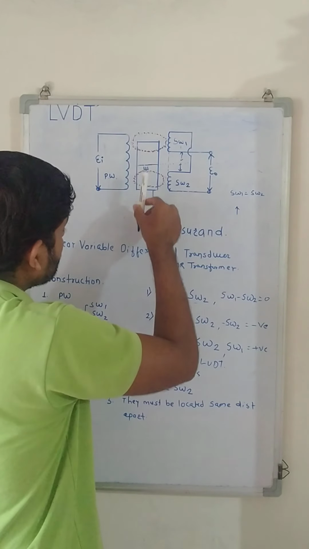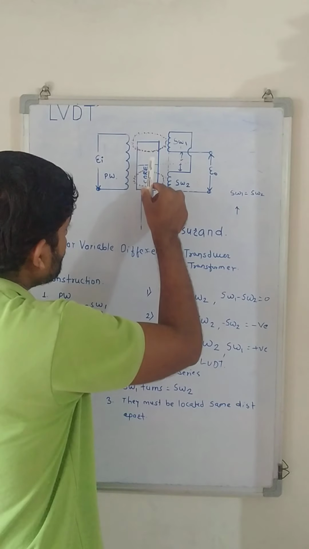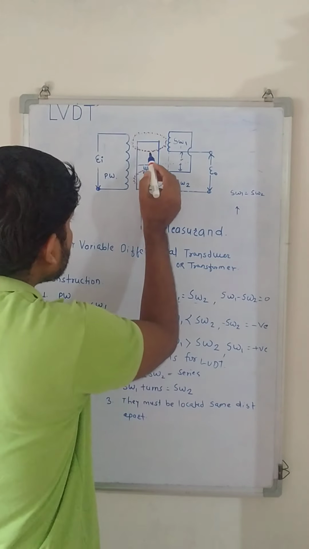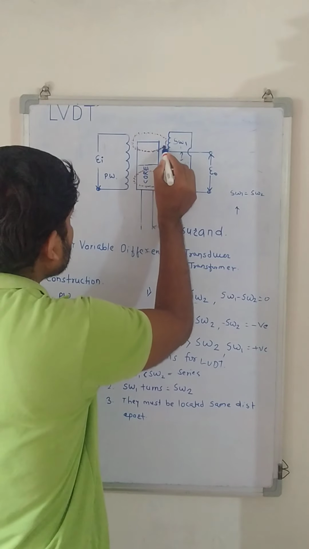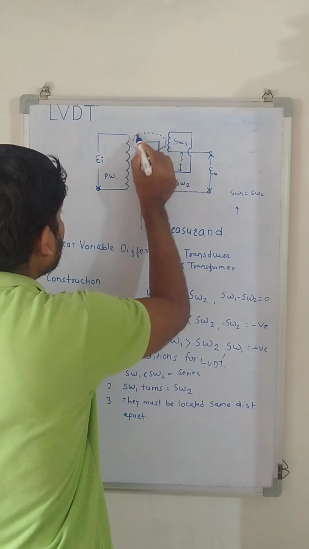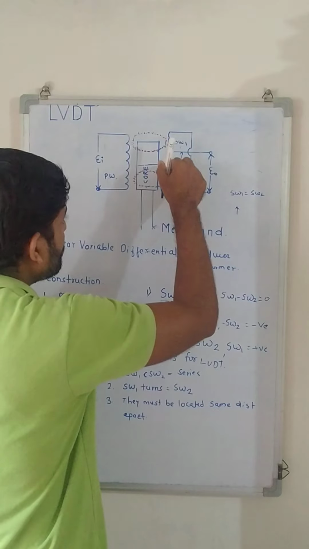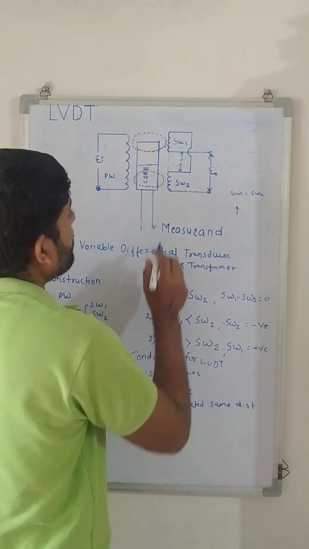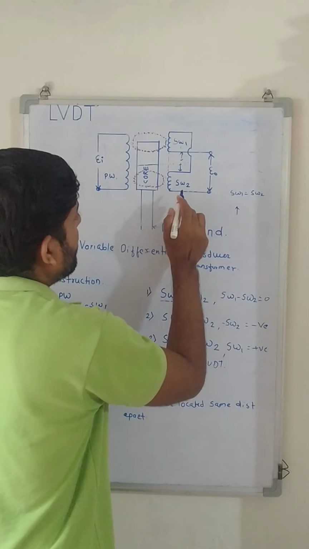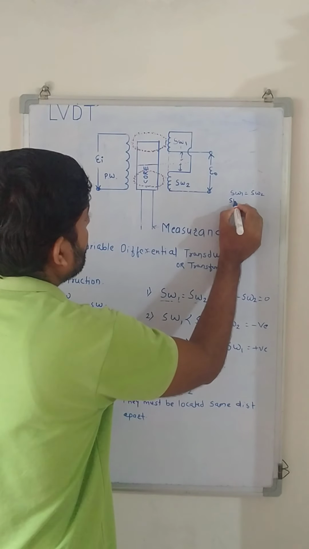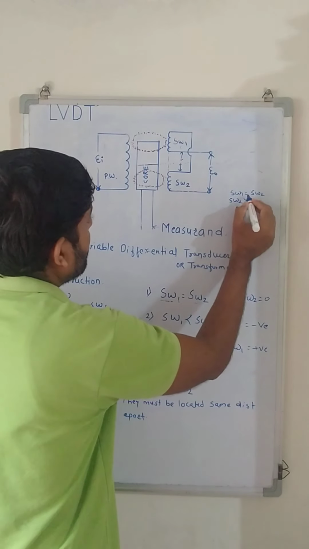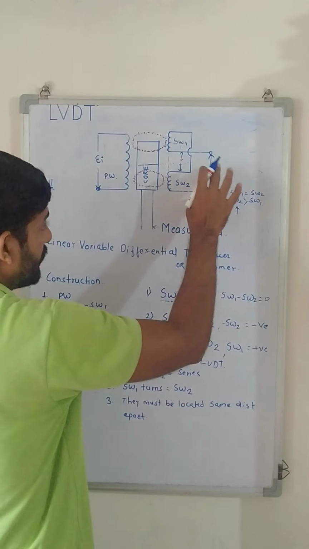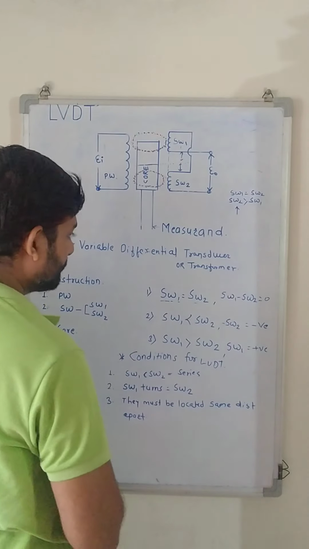When the core moves downward, whatever EMF is generated at the top side will start jumping to secondary winding 2 and the primary winding. Hence, the EMF generated in secondary winding 2 is greater than secondary winding 1. And at the output we can note its reading.